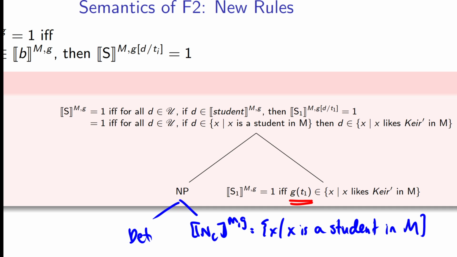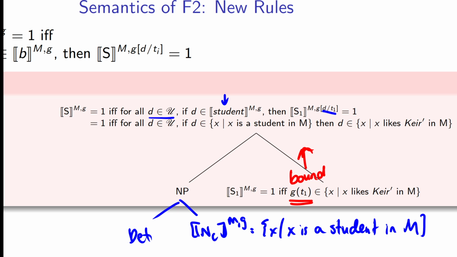And that assignment function is basically asking, well, what is T1? Well, now what we're doing is because we have every student binding it, G of T1 is now going to be bound in the next case. So now we say that the sentence with every n is true if for every D in our universe, if D is a student, so if D is in the set of X such that X is a student, then the sentence G of T1 likes Kier, or I should say, if GT1 is in the set of X such that X likes Kier in M, is true.